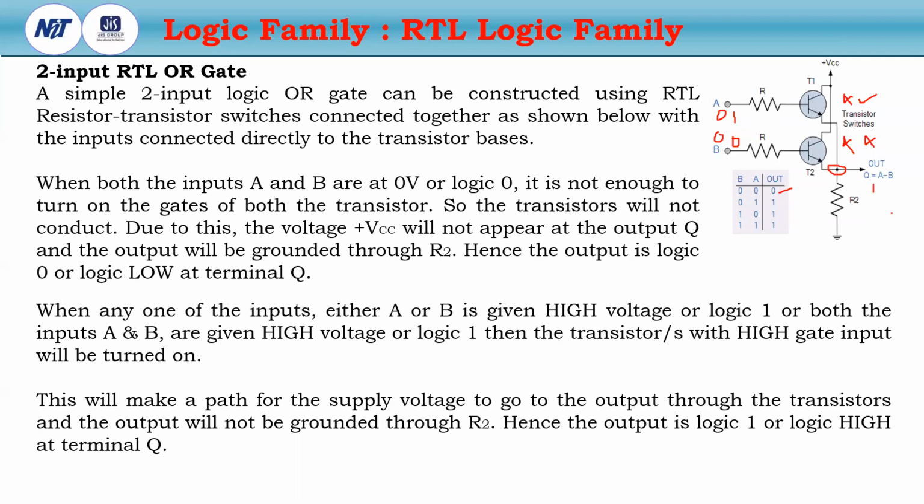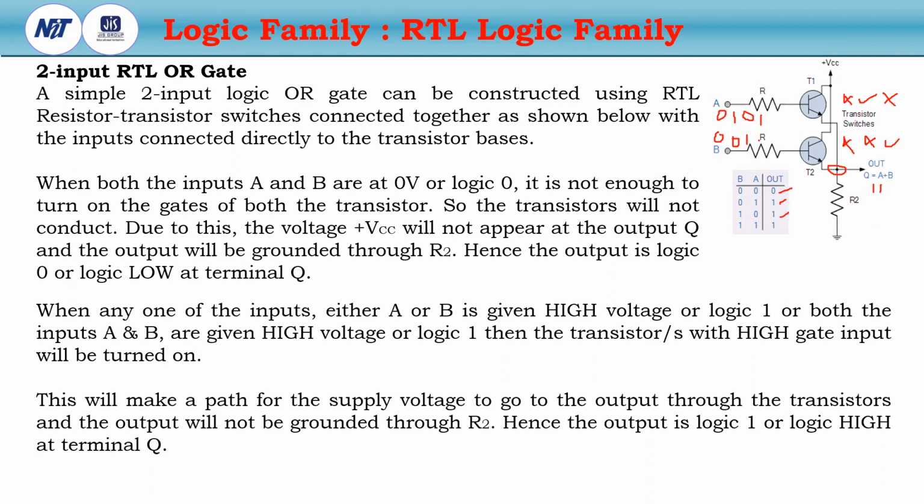Now if this is 0 and this is 1, then this will be in cutoff, this will be in saturation, then VCC will transfer through this transistor to the output, and we will also get logic 1.